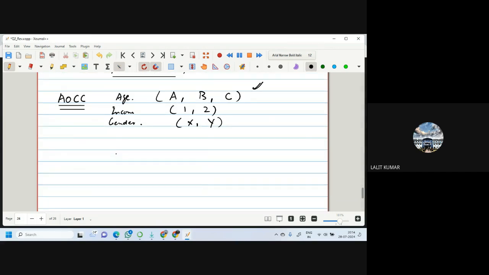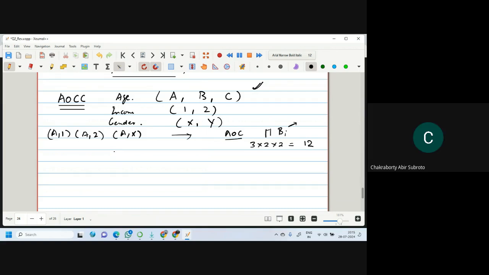ACC means that I check all the combinations, A1, A2... It will be 12, right? For ACC, it is the product of Bi, where Bi is the number of partitions. So this is 3 into 2 into 2, which is equal to 12. Is this clear? Yes, sir, it is clear.